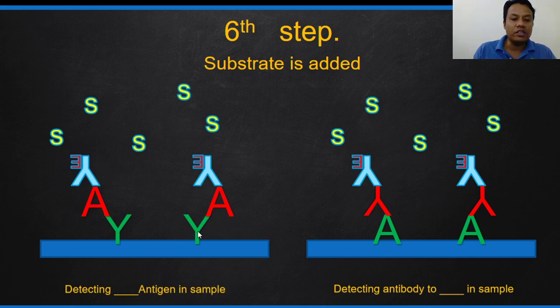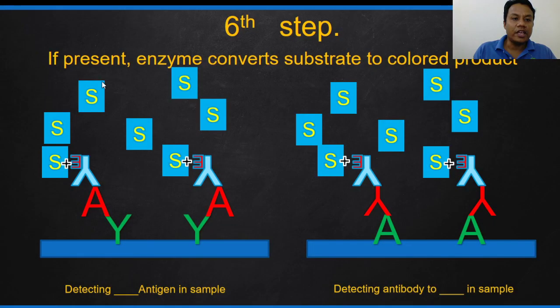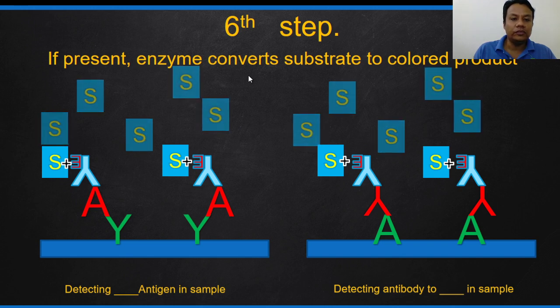They stick to the reaction earlier. And if the enzyme is present, the enzyme in the conjugated antibodies will convert the substrate to a colored product. So we can observe the production of color.